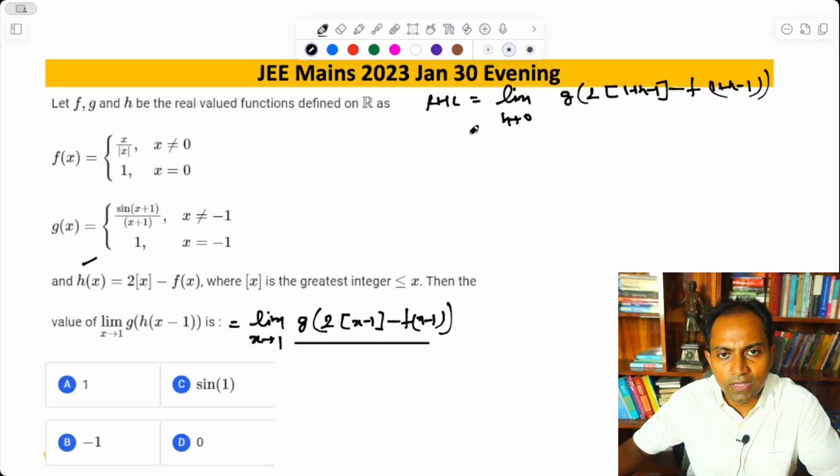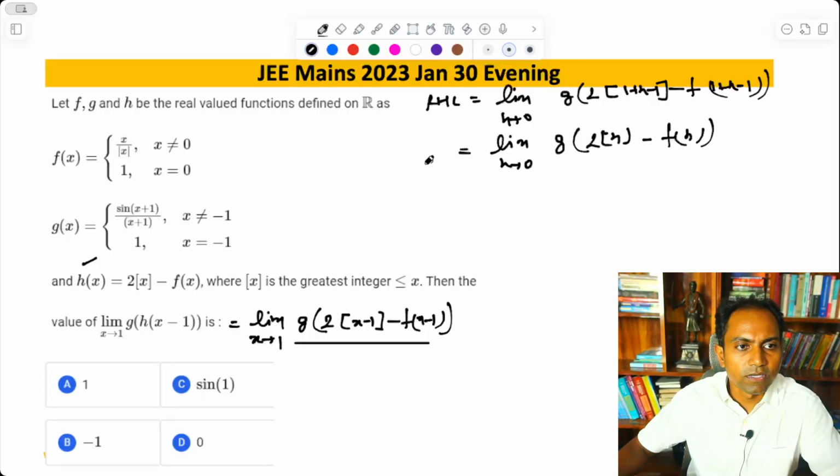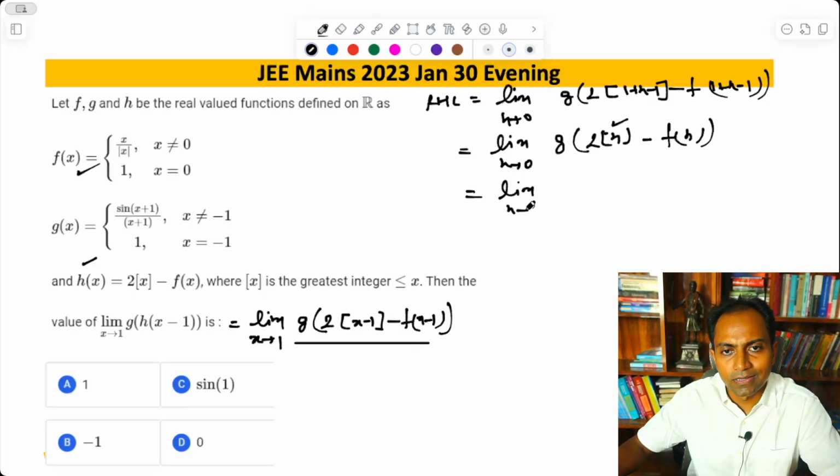If I simplify this, this becomes limit h tends to 0, g of 2 times fractional part of h, greatest integer function of h minus f of h. Now you can see that f of h, we can get it from this function. This part will become 0. So it becomes a simpler question as a result of my clever usage of h.